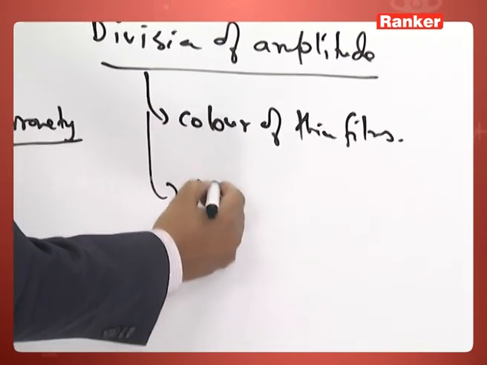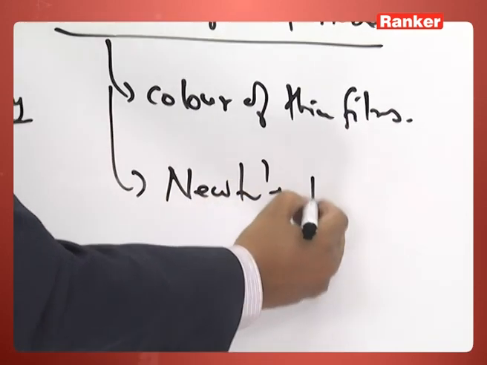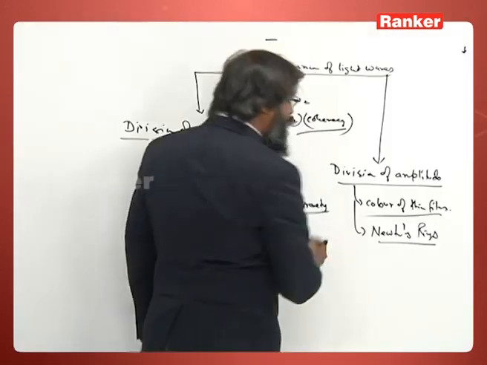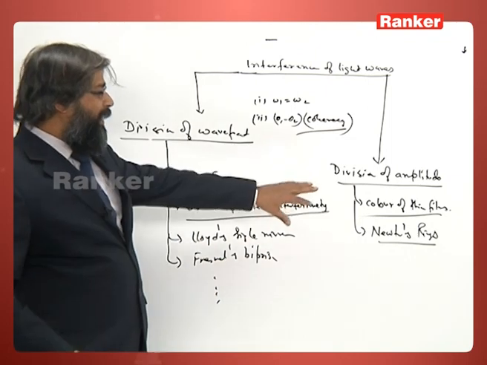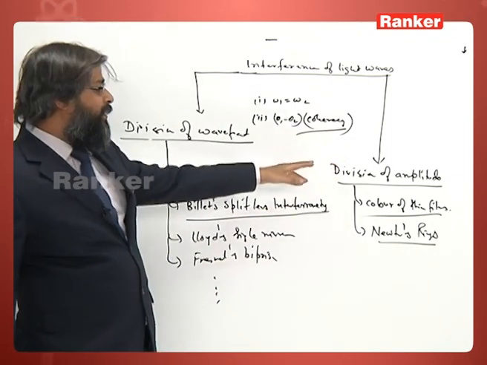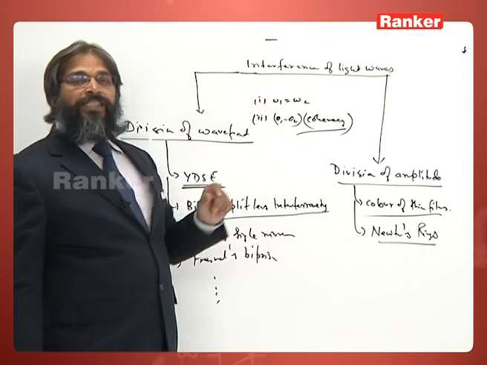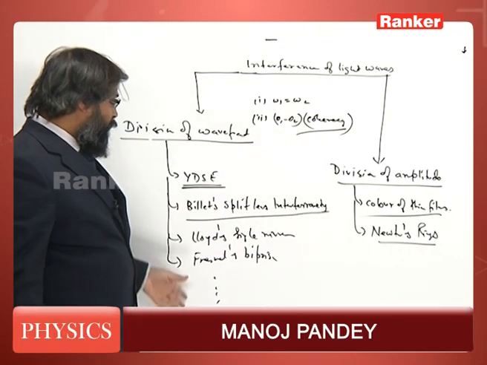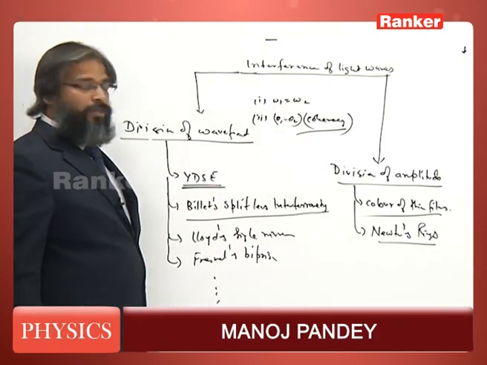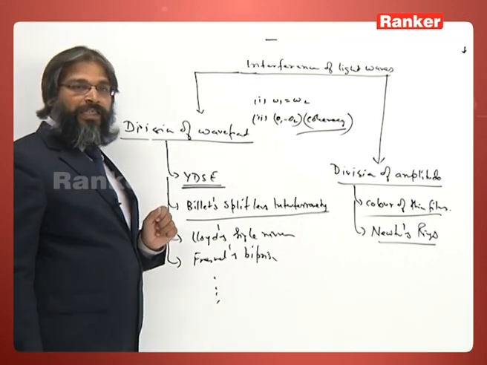Next, Newton's rings. These are phenomena which happen because of the interference of light due to division of amplitude. One by one we will go through them. First, we will see what Young's double slit experiment is.